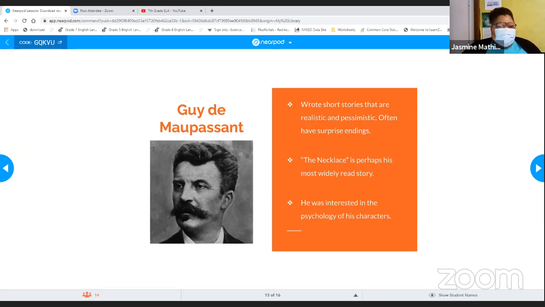The Necklace is written by Guy de Maupassant. He is a French writer. He wrote stories that were both realistic and pessimistic. He is the king of a plot twist, okay? His stories never end the way that you think they will.